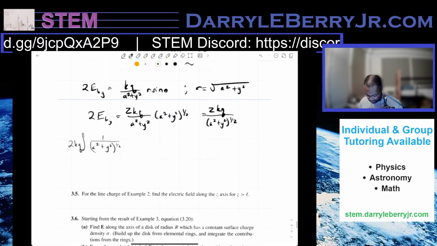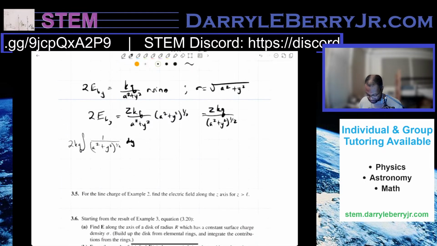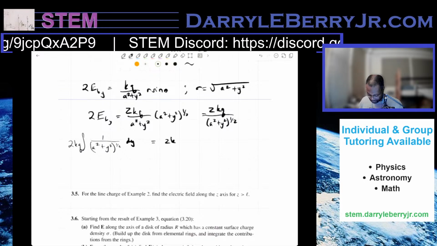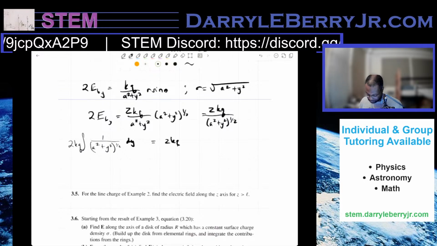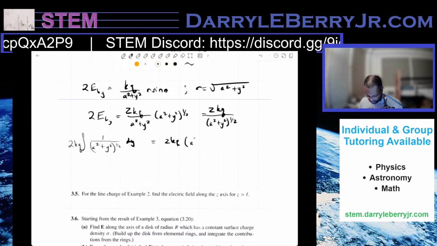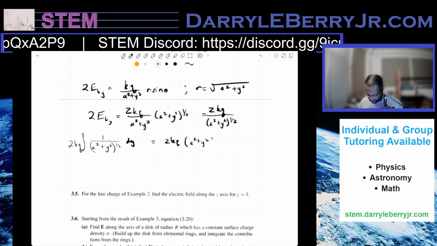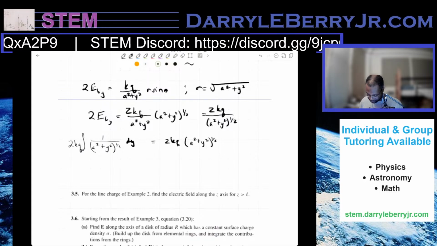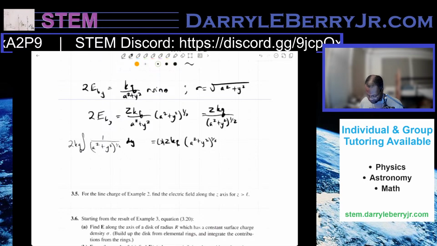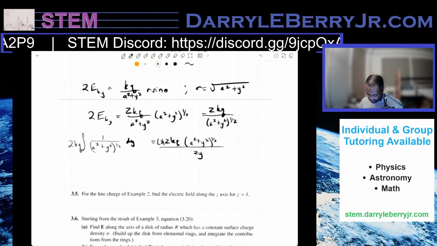The A is staying the same, so dy. So that equals 2kq times A squared plus Y squared to the 1/2 divided by 2y.